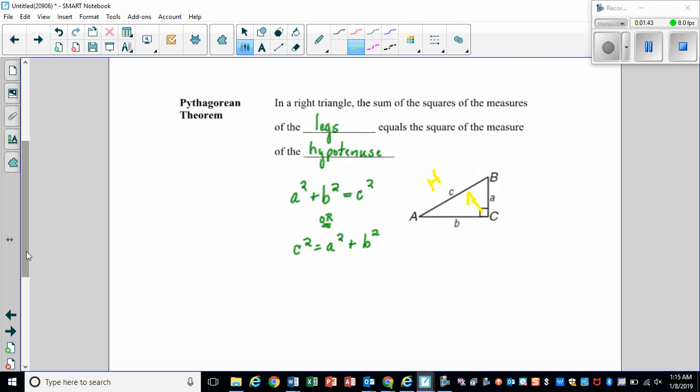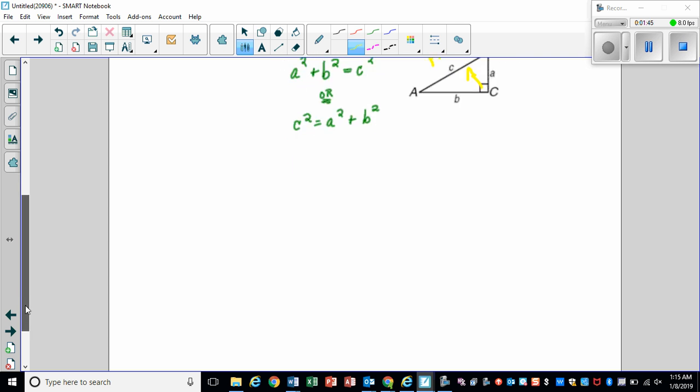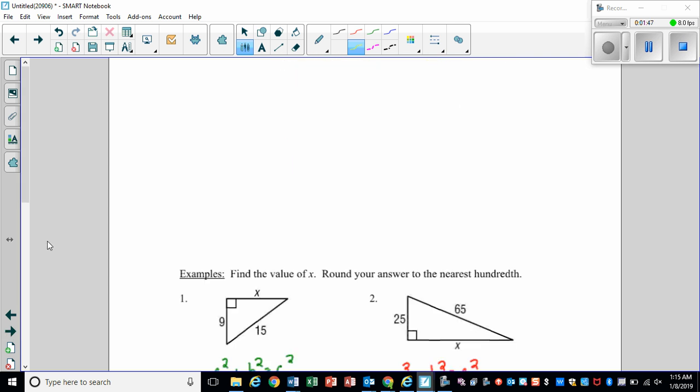Now we can apply this in solving problems. The first thing I want you to do every time you see a problem is identify where the C is. The A and the B don't matter if you interchange them, but the C matters.